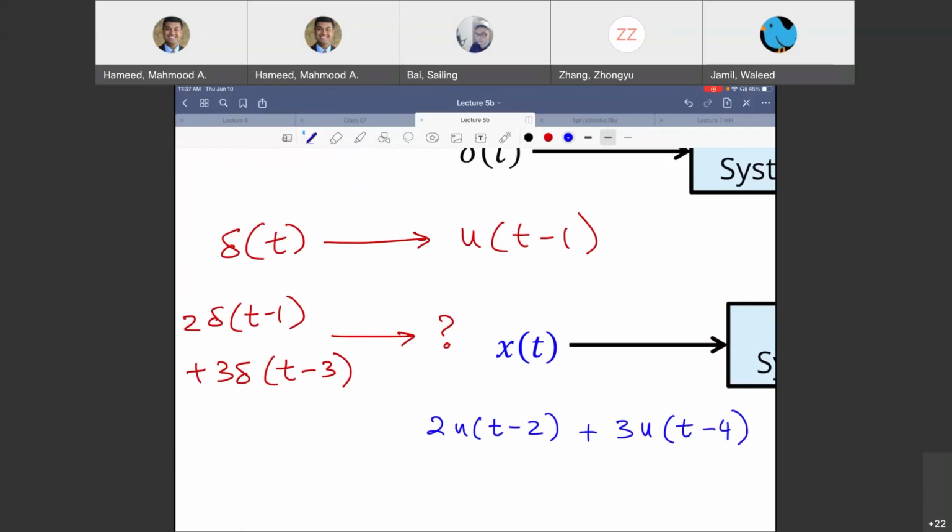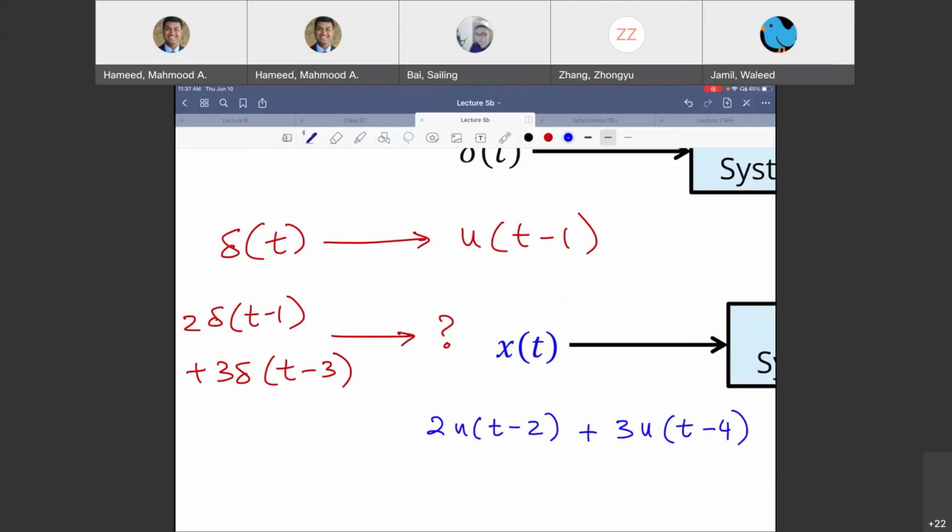Agree? What property did I use? Time invariance is taking care of the shifts, and linearity, since these are LTI systems. So I used superposition essentially.